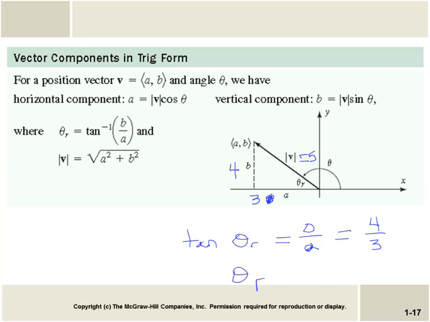So the reference angle is equal to the inverse tangent of 4 over 3, right? And the cosine of theta sub r is equal to the adjacent over the hypotenuse.